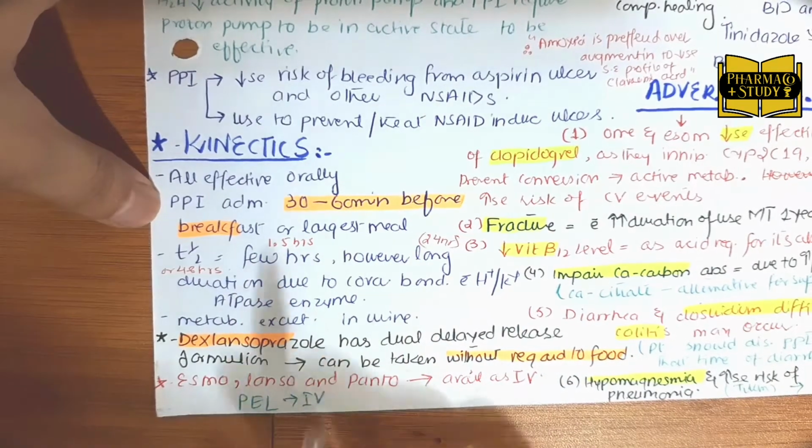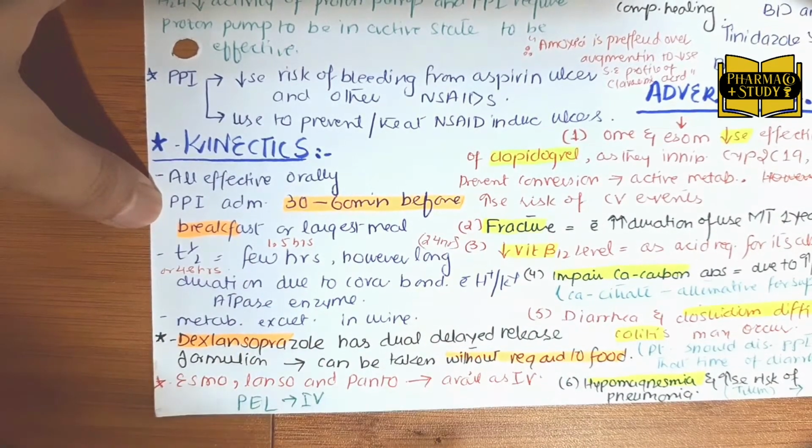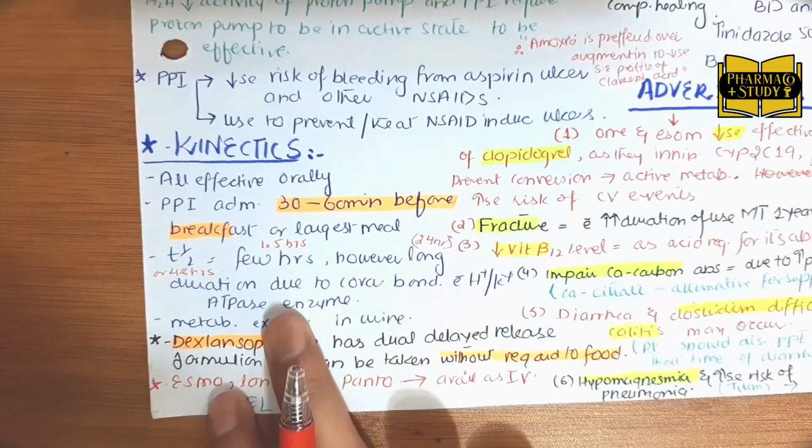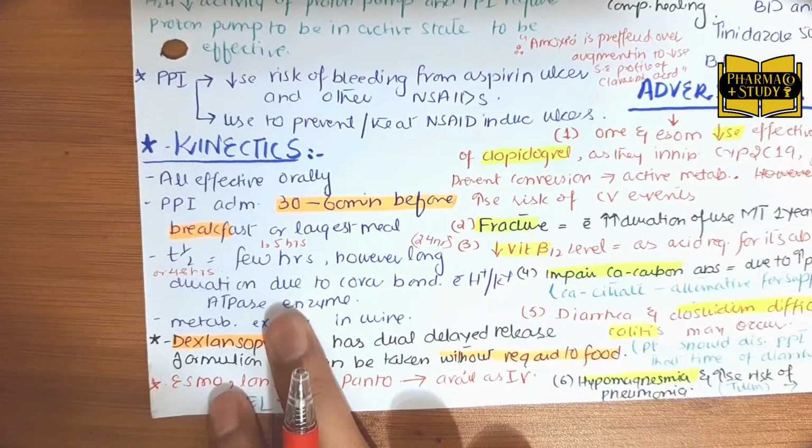Now why are they administered 30 to 60 minutes before breakfast? Because the drug requires first being absorbed into the circulation. It does not act locally like the antacids. Antacids act locally and involve a neutralization process, but this drug does not.